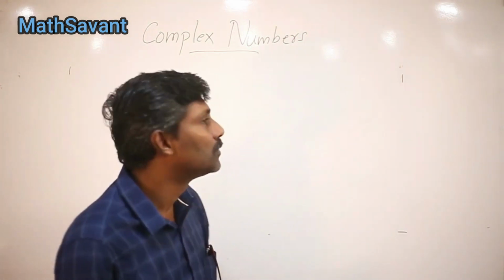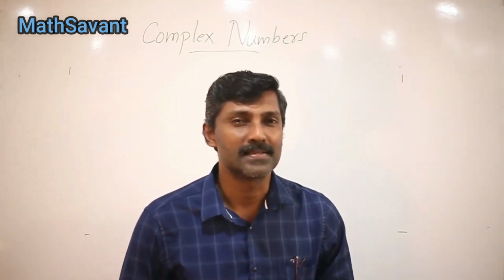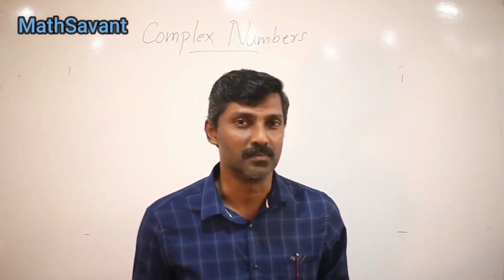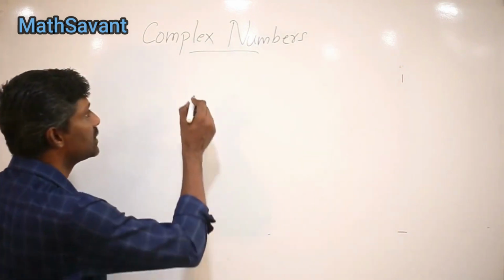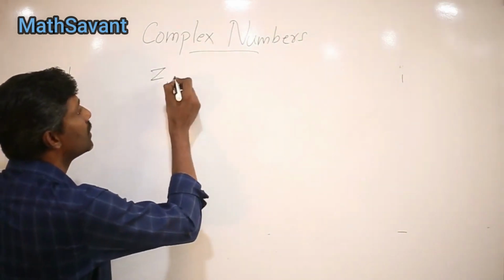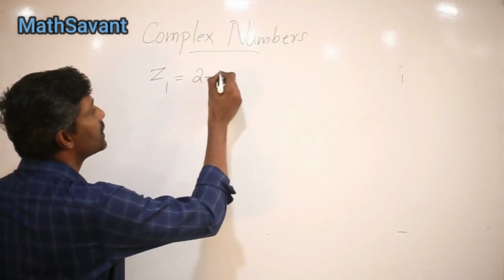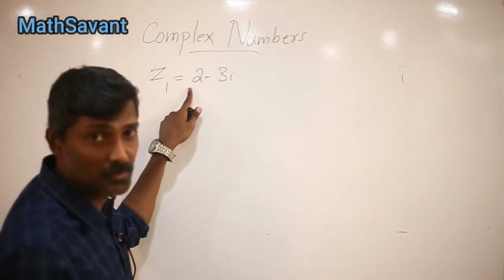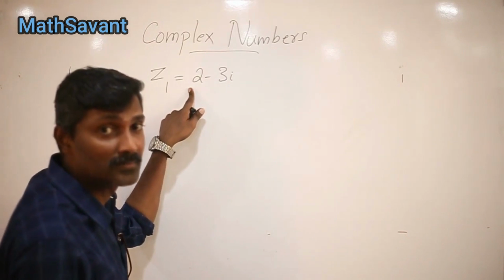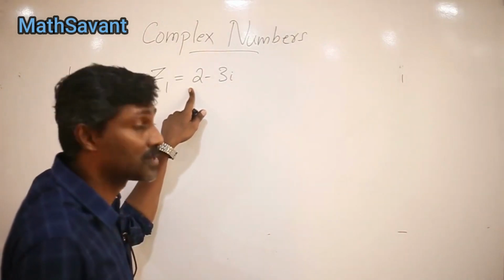Now, the next topic that we are going to learn is the addition of complex numbers. How do we add two complex numbers? Suppose we have two complex numbers given by Z1 is equal to say 2 minus 3i. So tell me what is the real part? It is 2. What is the imaginary part? It is minus 3. Most students say 3.